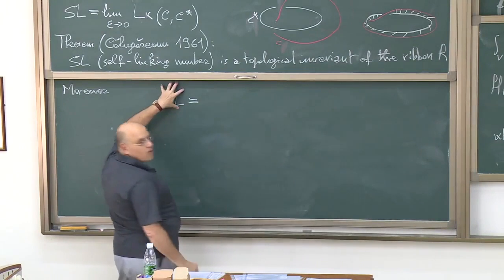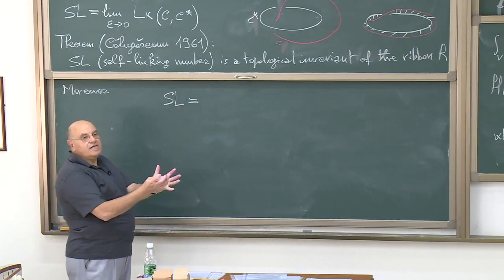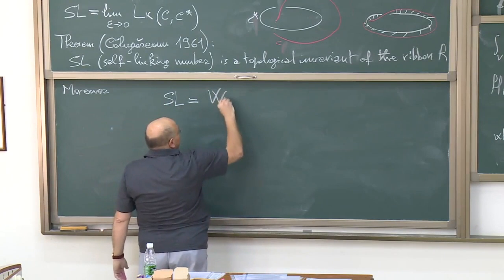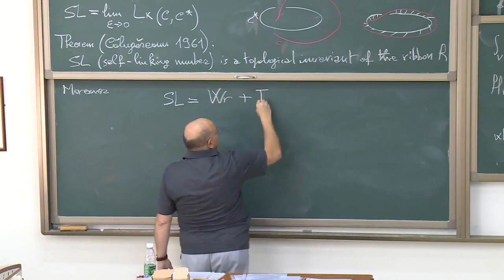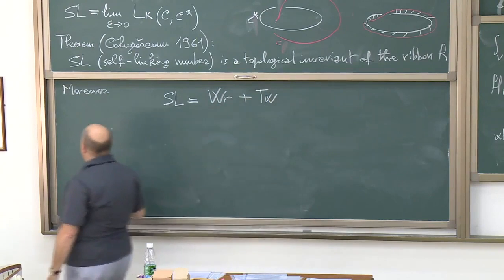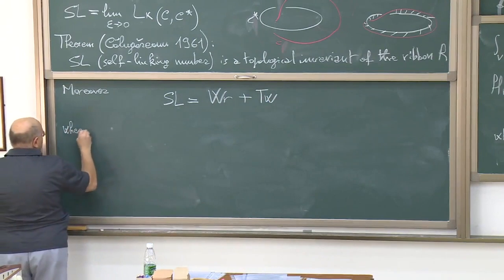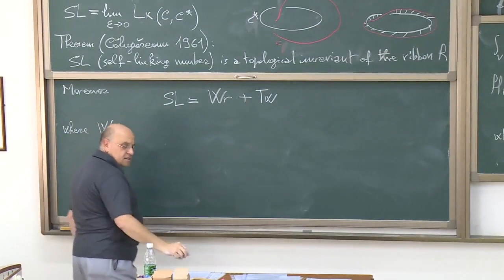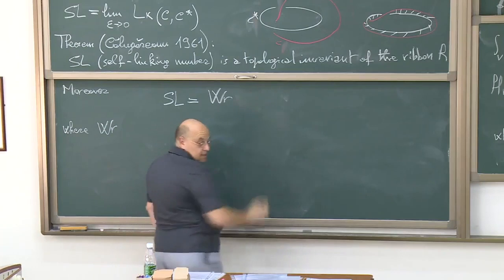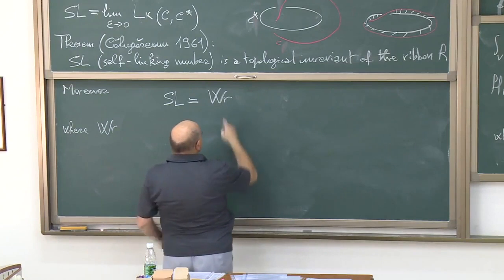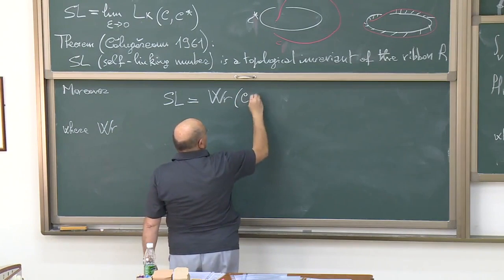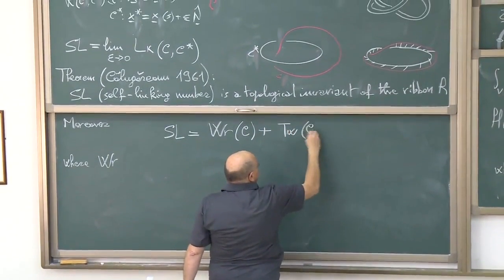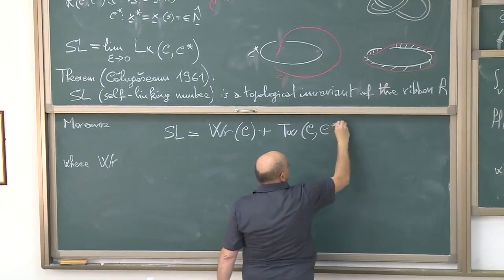A topological quantity that connects global geometric quantities, writhe and twist, where WR, I should stress, because it's important to stress it when you introduce concepts, writhe depends on C only, and twist depends on C and C star.